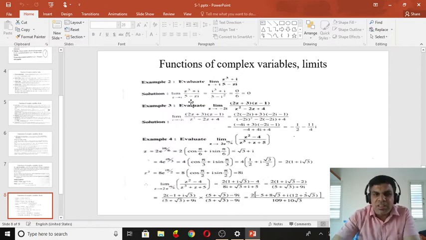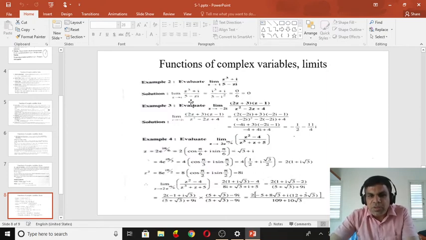One more given. The limit z tends to minus 2i of 2z plus 3 divided by 2z plus 3 into z minus 1 divided by z square minus 2z plus 4. In the same way we express it. First, we replace z by minus 2i.